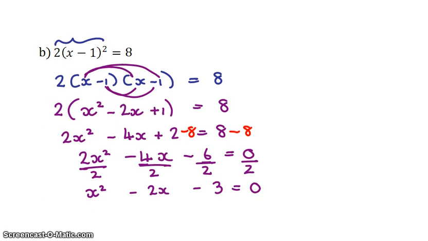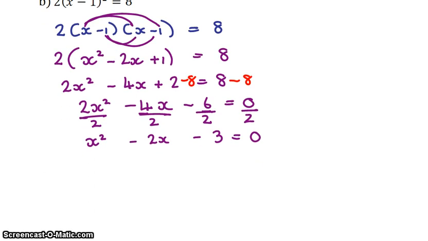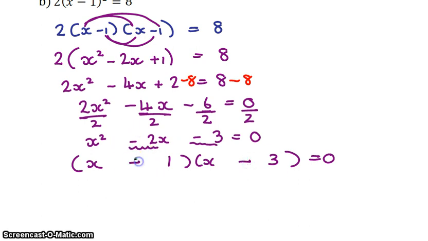Now why I generally do that is it makes my trinomial far easier to factorize, because now it's very obvious that this must be a 3 and a 1, because that's the only way I can get 3. Negative means that one must be a minus, one must be a plus, and if this is negative 2, I think it'll be that way around.